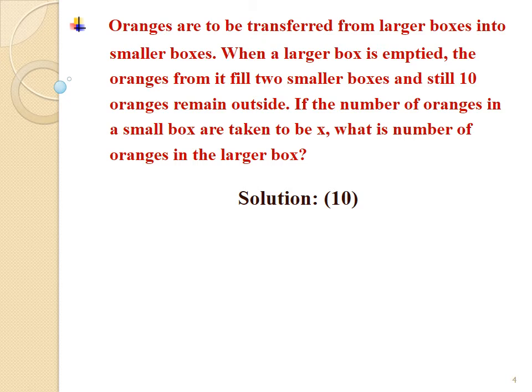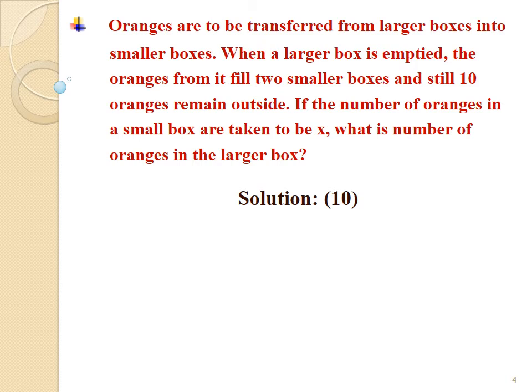Students, let us guess that there are 50 oranges in 2 smaller boxes. Then we can say that there are 50 plus 10, or 60, oranges in the larger box.